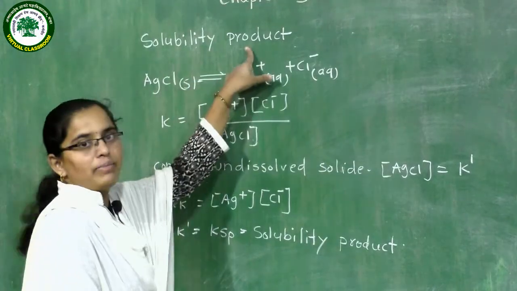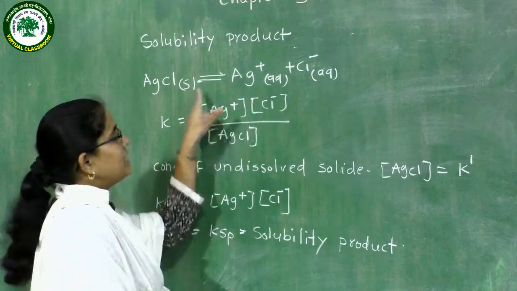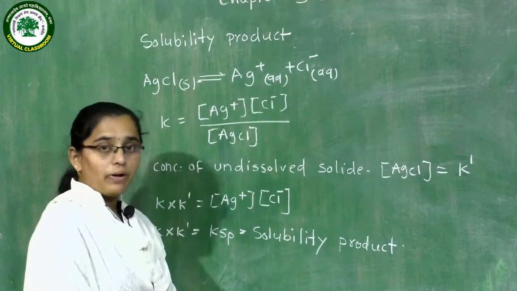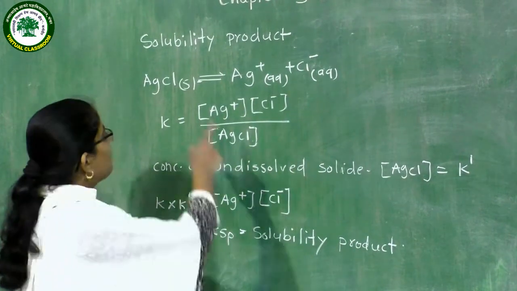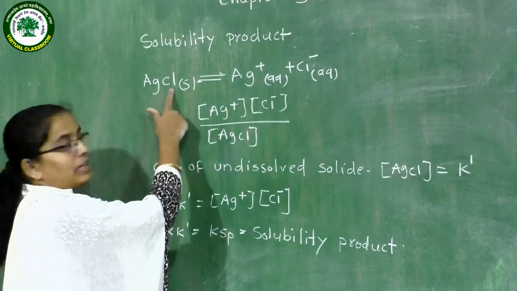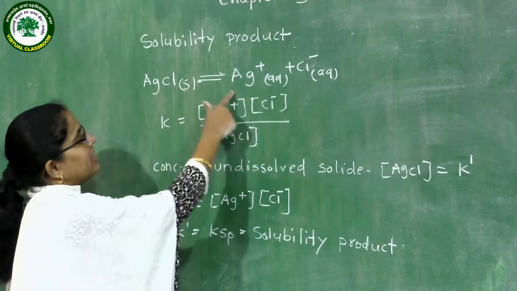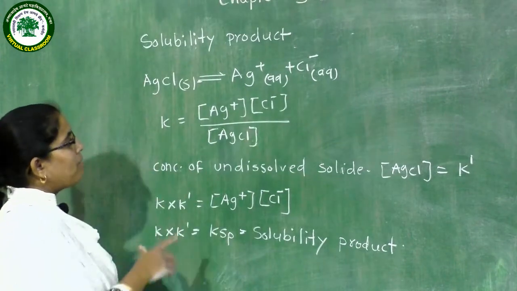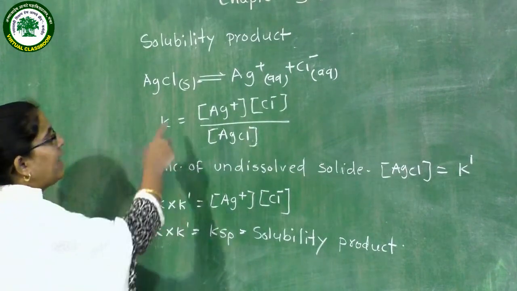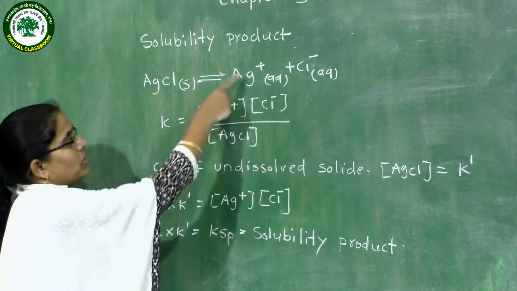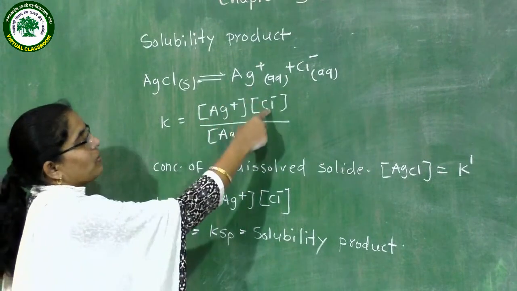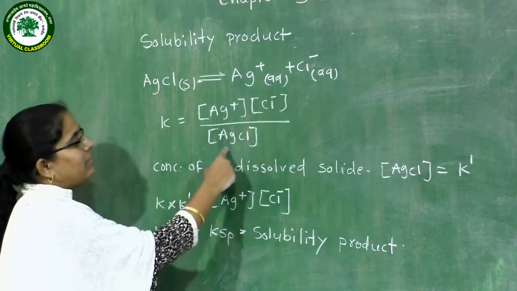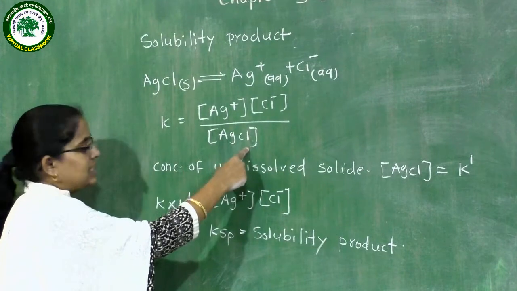Next point is solubility product. Solubility means the ability of a solid to dissolve in water. Now consider silver chloride, AgCl solid, dissolved to form Ag+ aqueous plus Cl- aqueous. By applying the law of mass action, we can write the equation K equals concentration of Ag+ into concentration of Cl- divided by concentration of AgCl.